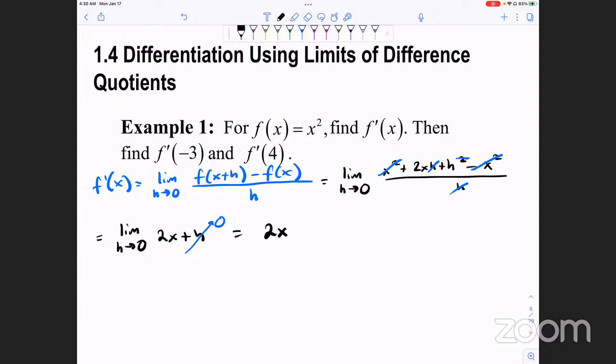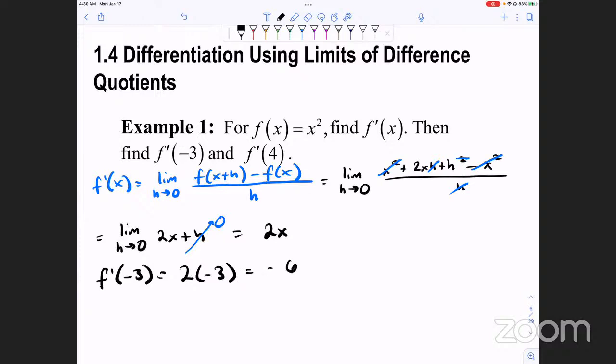Basically, f prime of -3 is going to be the slope of the tangent line when x is -3. And f prime of 4 is going to be the slope of the tangent line when x is 4. F prime of -3 is 2 times -3, which is -6.